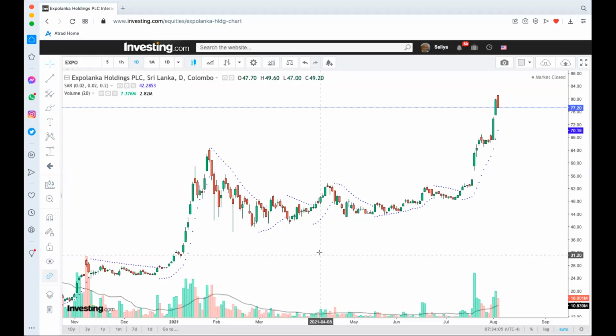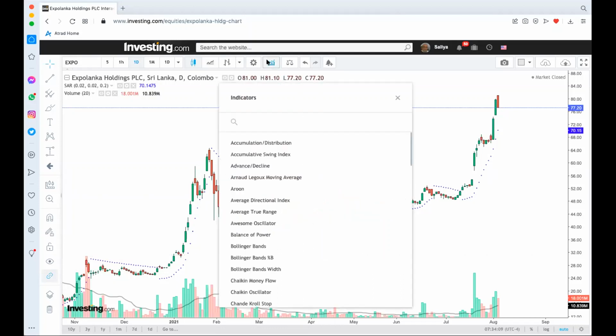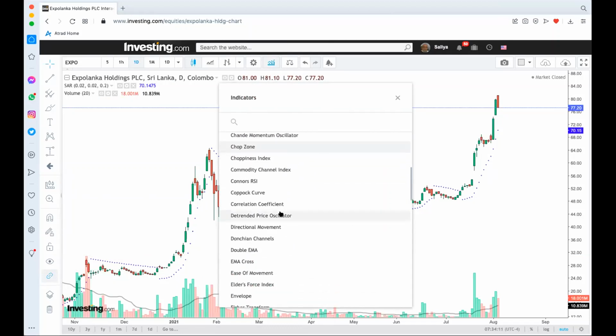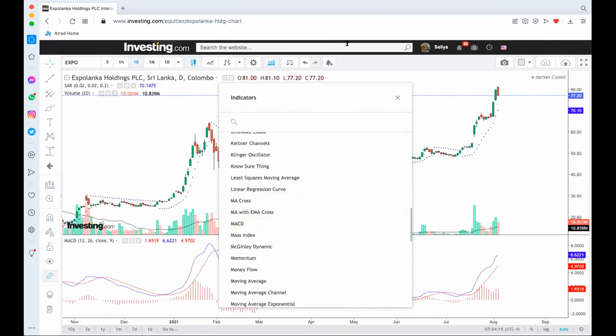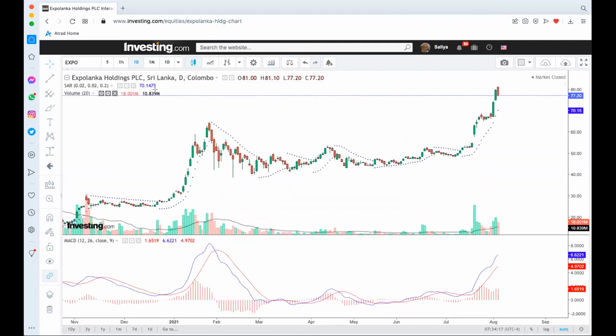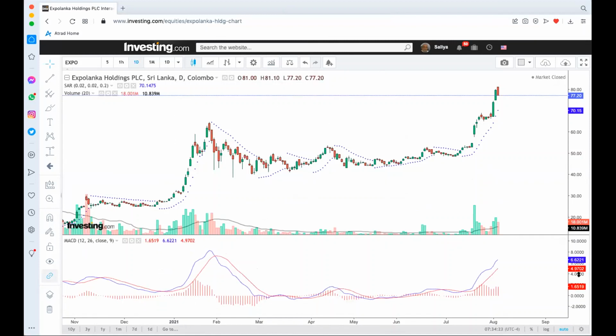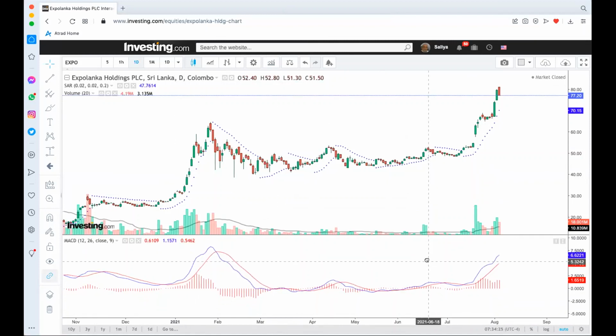But it is a powerful indicator when we are using this with an indicator like MACD and the RSI, especially the MACD. As I mentioned last week, this MACD indicator has two features. One is the center line crossover, and the next one is the signal line crossover.